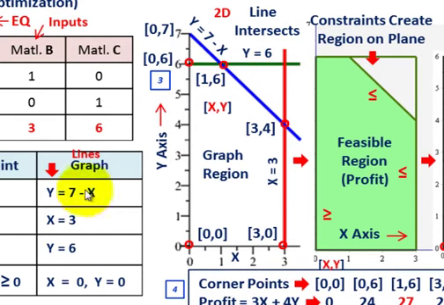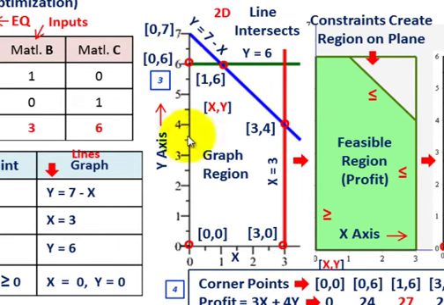And then the only other function we have to graph is y equals 7 minus x. So you just put in, when x is equal to 0, y would be equal to 7. So 0 and 7 here. Maybe I should have gone through these other points as well. This other point was 0 and 6, x is 0, y is 6.